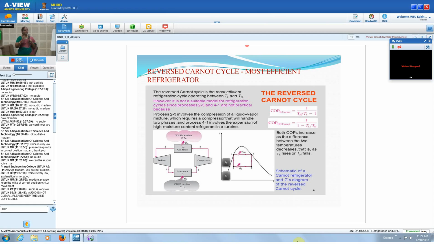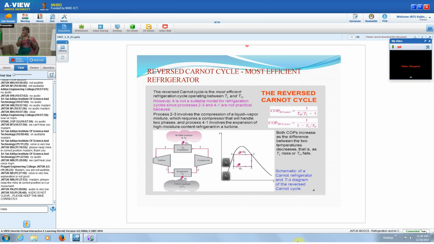To maintain the refrigerator at the required temperature, the refrigerant coming from the expander should always be lower than 0 degrees centigrade. Only if it is lower than 0 degrees centigrade can we maintain the evaporator at 0 degrees centigrade. Similarly, 3 is nothing but TH.